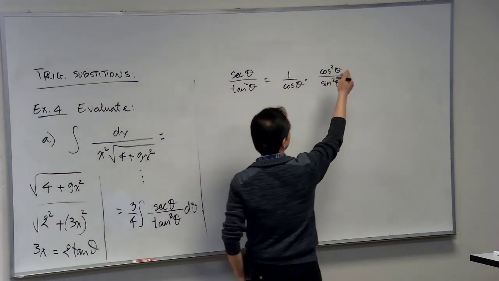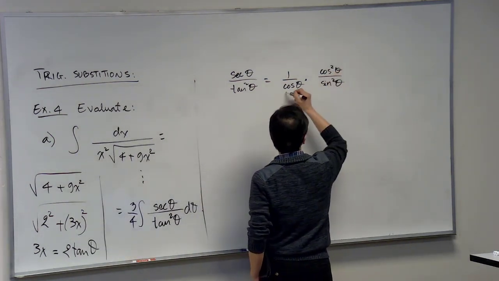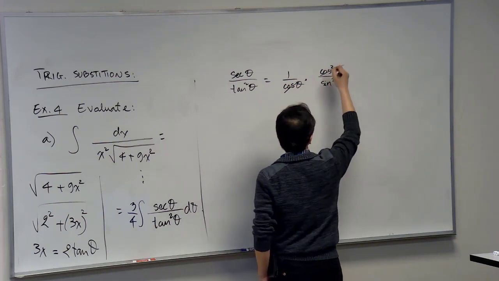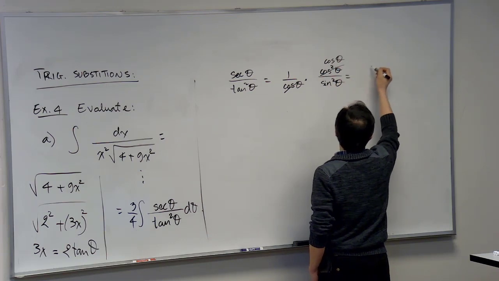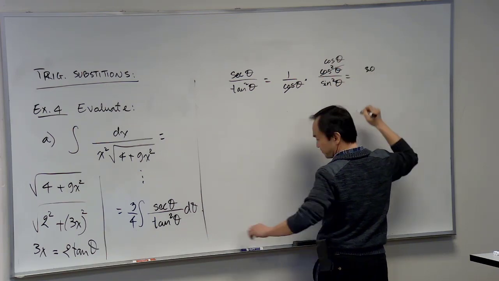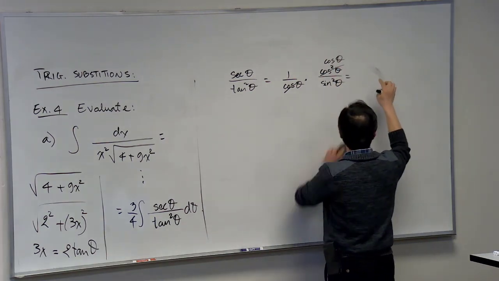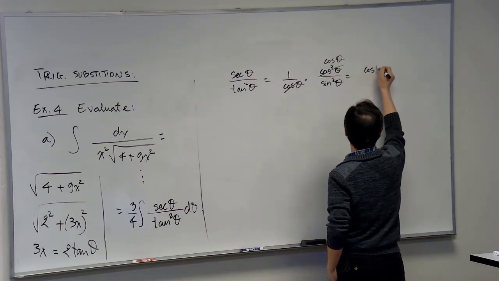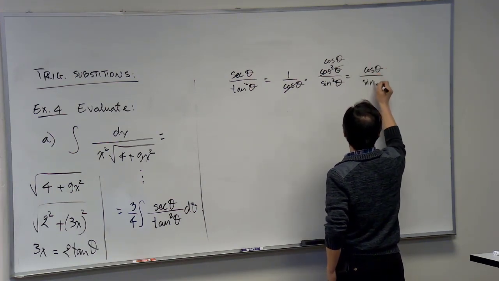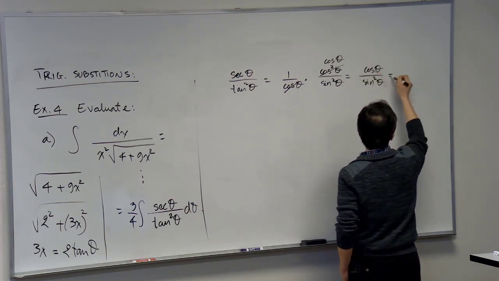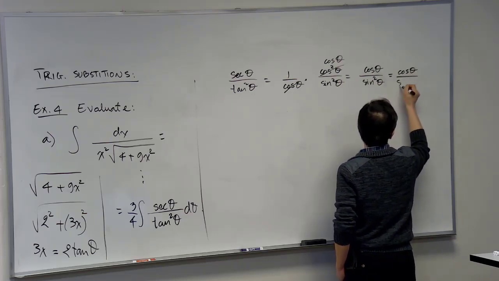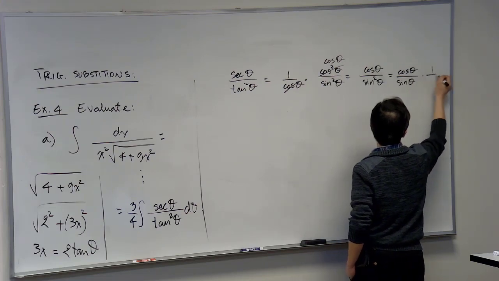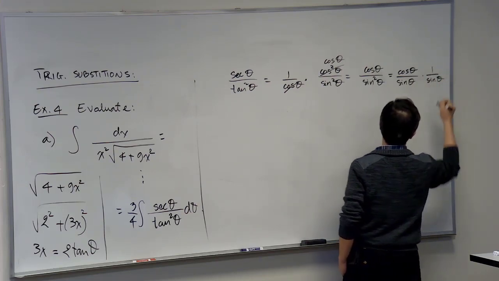Since the tangent is in the denominator, we put that as a reciprocal. And so now we can even simplify that a little bit. The cosine got canceled, and it becomes a cosine of theta over sine squared of theta. And then that means we can rewrite this as a cosine theta over sine theta times the 1 over sine theta. I purposely split it out like that.